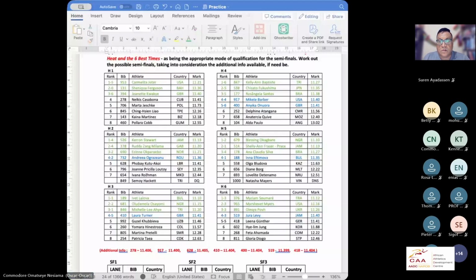Thereafter, the approach will be to rank the fastest, the ranking will follow the fastest heat winner first, followed by the second fastest, the third fastest. In this case, since there are 6 heats, the 6th fastest heat winner. So all the winners will be identified and ranked from the fastest to the least fastest.